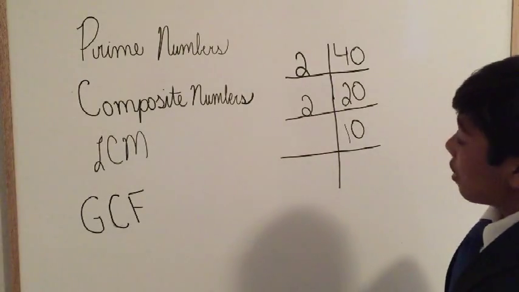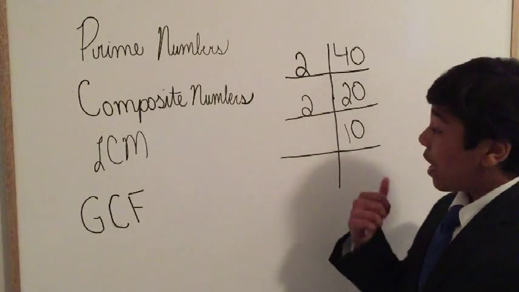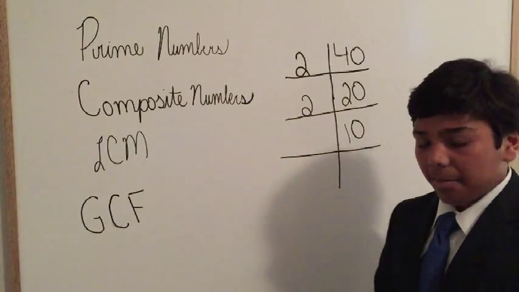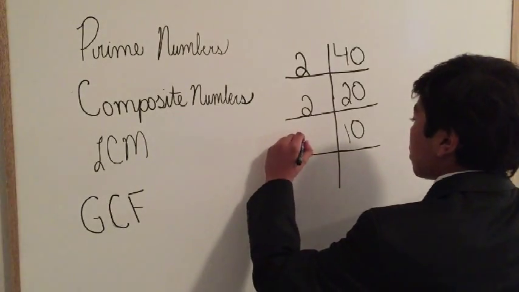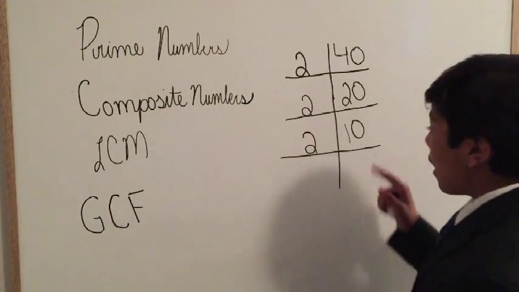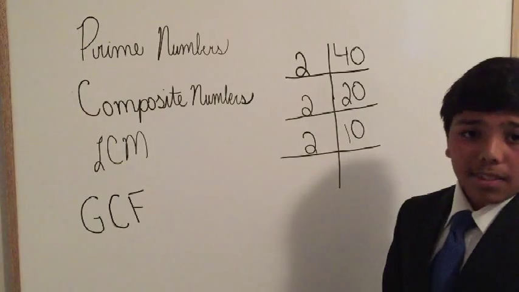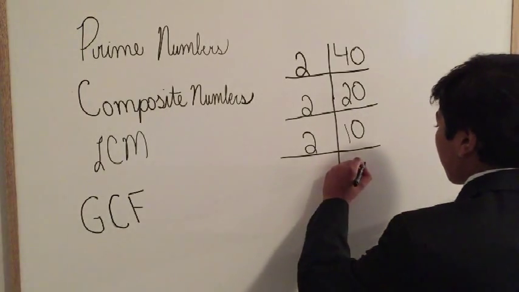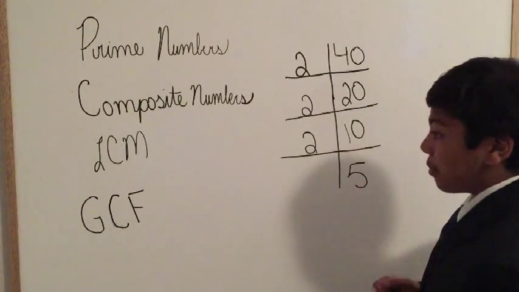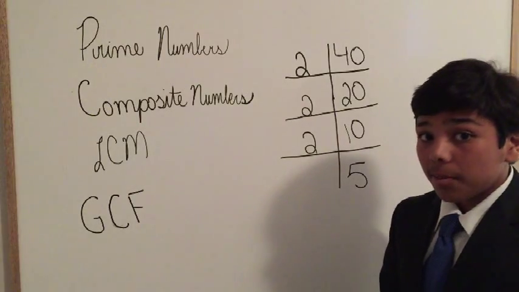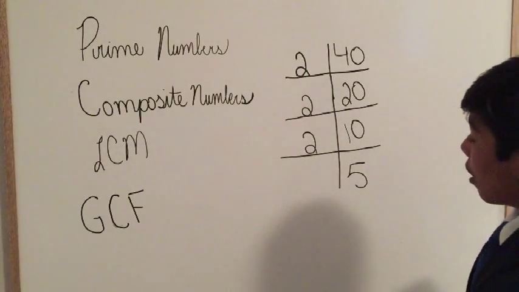And once again, the lowest prime number that can be divided into 10 is 2 again. So we'll put 2 on this side. And 10 divided by 2 gives us an answer of 5. And 5 is a prime number, so we can no longer divide it. Now, let's check our work.